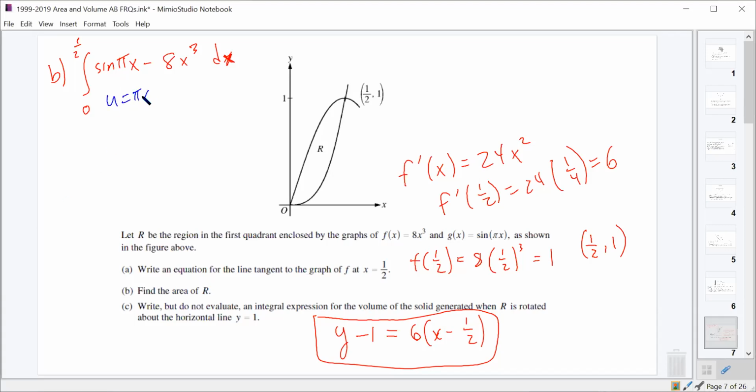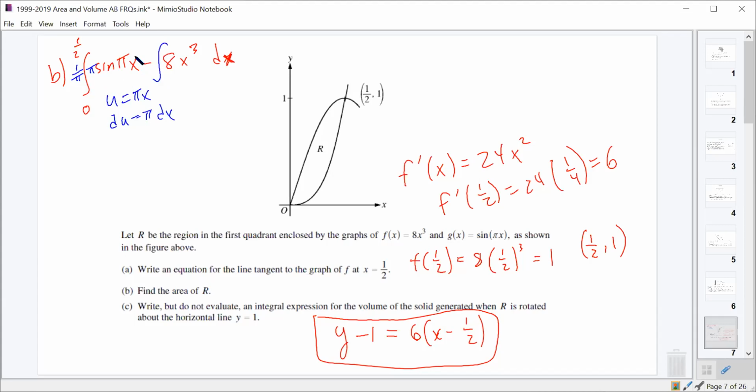So what's that? Negative cosine pi x over pi. That is correct. We're going to write out the u sub though, because it seemed like people didn't immediately have that value. If u is pi x, then du will be pi dx, which means we do need to put in a pi here and a 1 over pi.